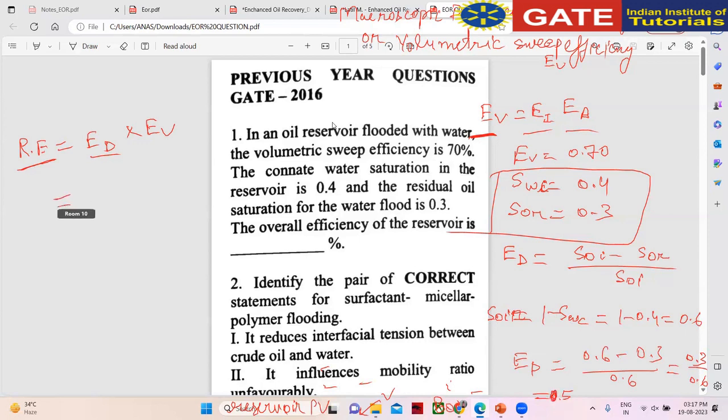So the overall efficiency of the reservoir will be ED, calculated 0.5, times EV, given 0.7. The value of total recovery efficiency will be 0.35, or 35%, because the question asks in percentage. Got it?